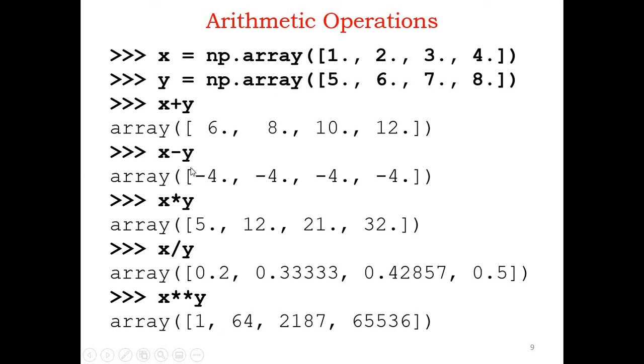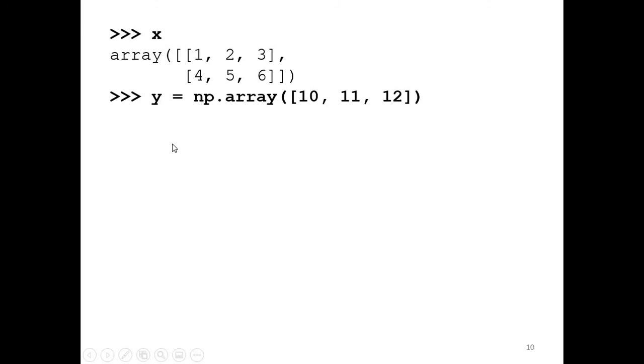That means you can take two Numpy arrays and do all these arithmetic operations as in scalar algebra. Okay, so this is fantastic. So x, suppose, is this 2D array 1, 2, 3, 4, 5, 6, and now you have taken another array which is a one-dimensional array. So the shapes of the two arrays are different.